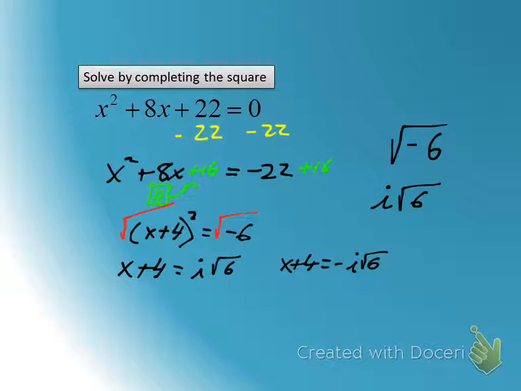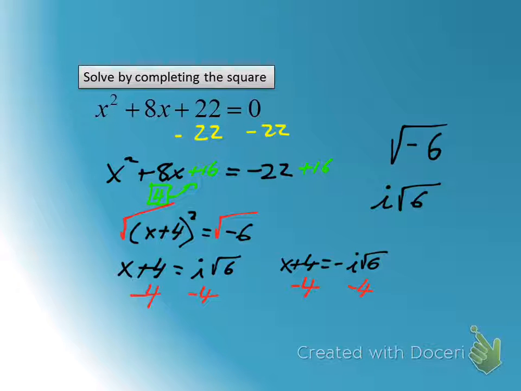What's your last step? X equals -4 plus I square root 6. There you go. Subtract 4. That's what I was getting to. Okay, subtract 4 from everything.